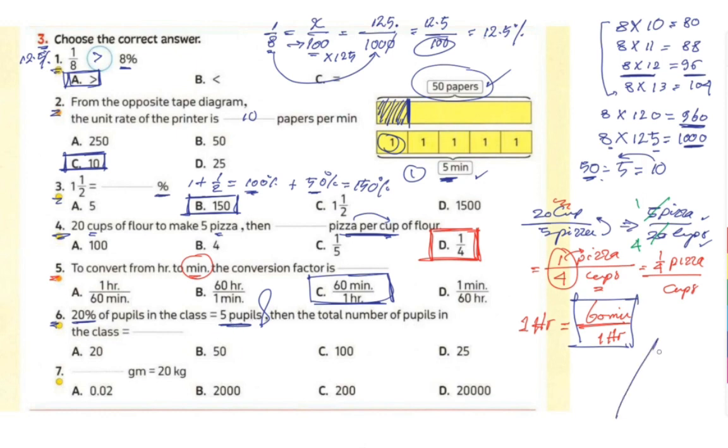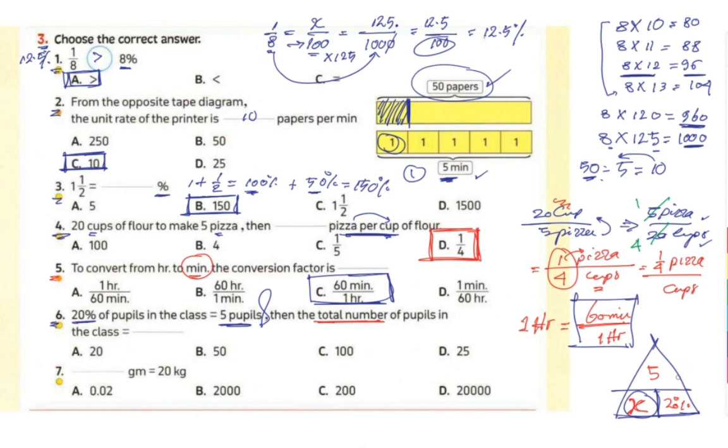Don't forget this shape division algorithm. I have here the part. I know the part equals 5 and the percent is 20%. The missing here is the total or the whole. So he asked us about the total number. Yes, that's it. That's x.